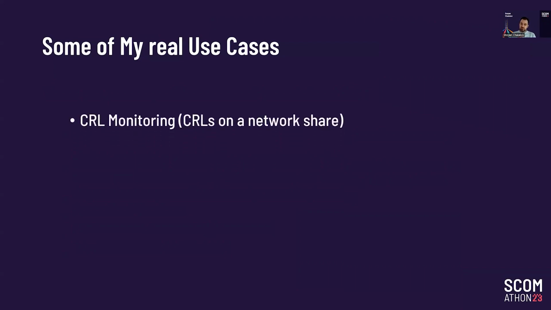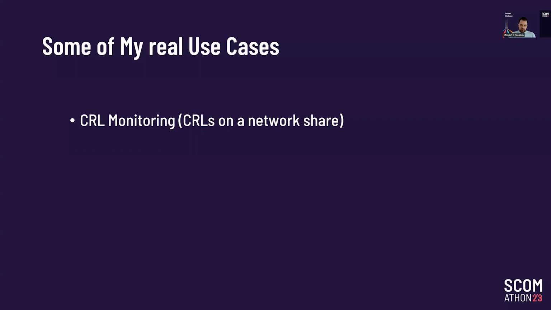So the first use case we are going to review is monitoring certificate revocation lists which are placed on a network share. You know that typically CRLs can be discovered automatically, but if you have some custom infrastructure, and in my case, the CRLs were placed on a network share hosted by a Linux system, the usual discovery over the Windows agent was not an option.